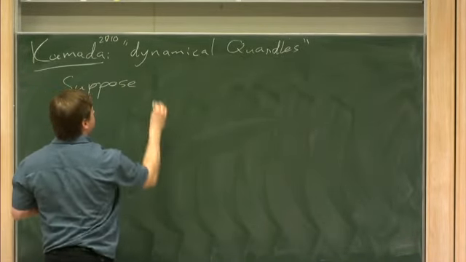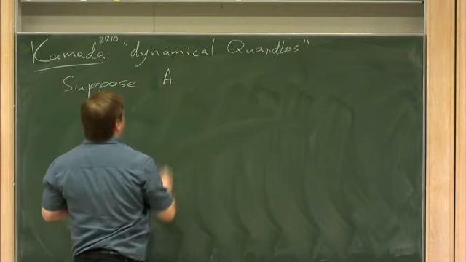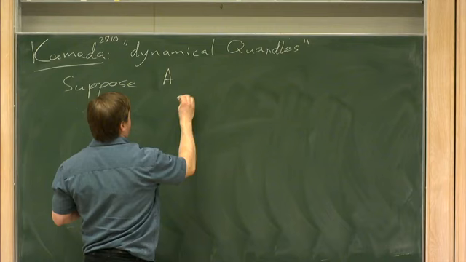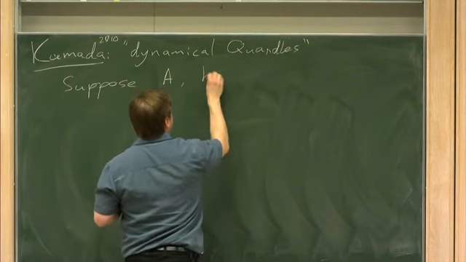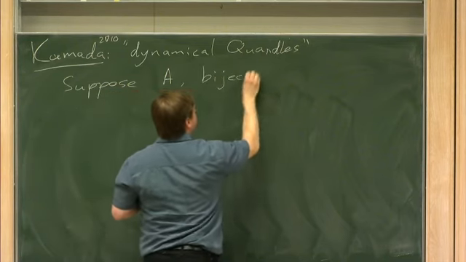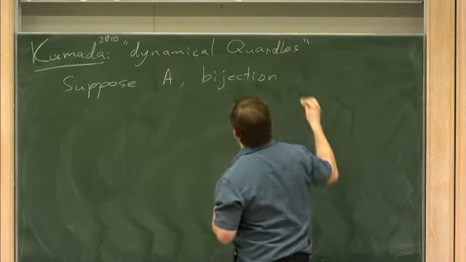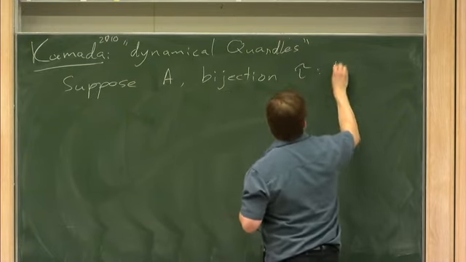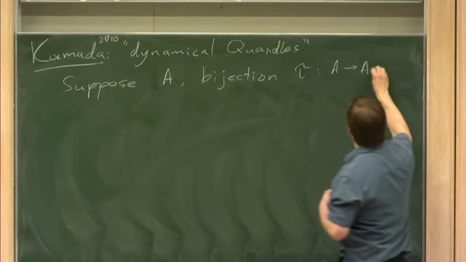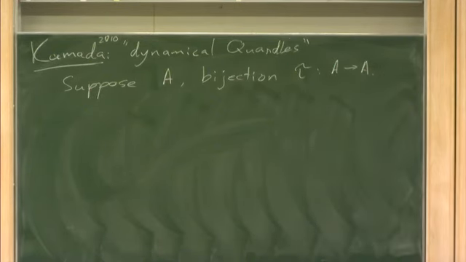So suppose you have a set A with a bijection tau from A to A. Okay, so Kamada thinks of this pair as a dynamical system. That's where the name is coming from.